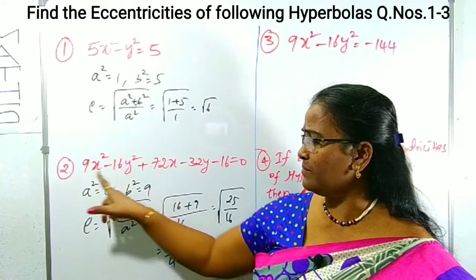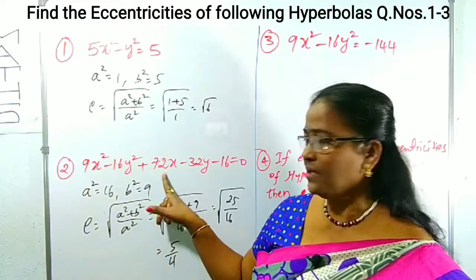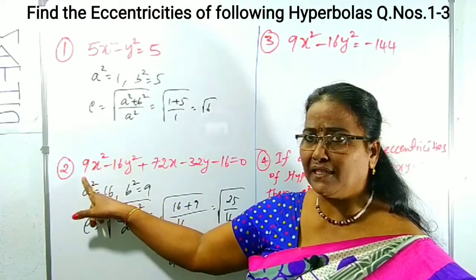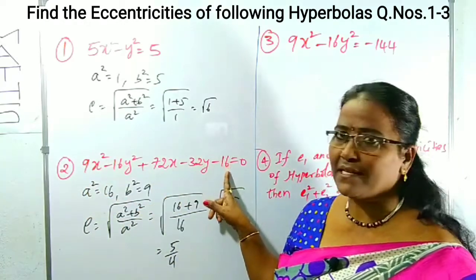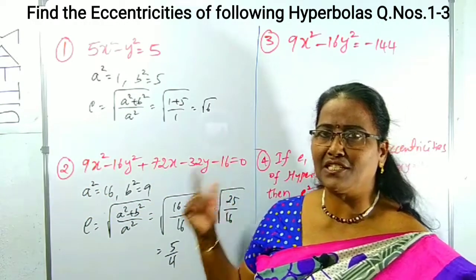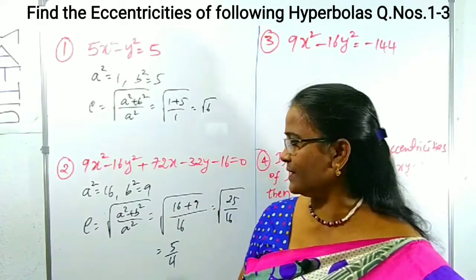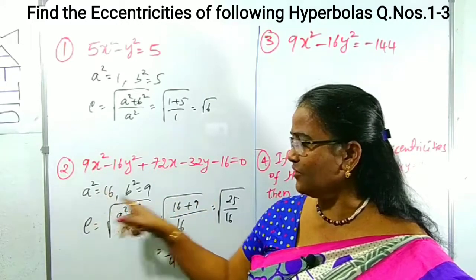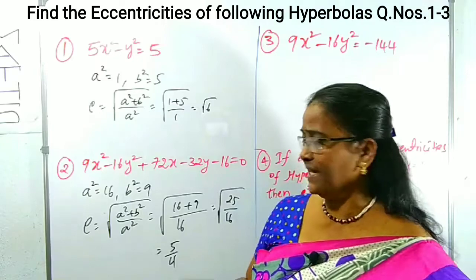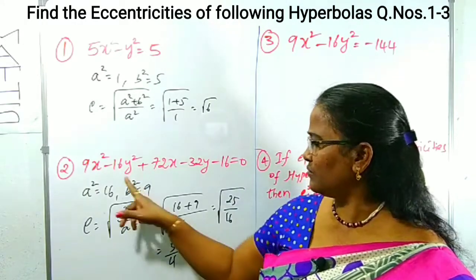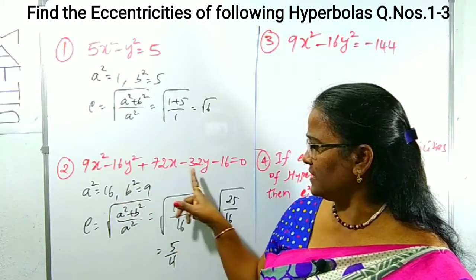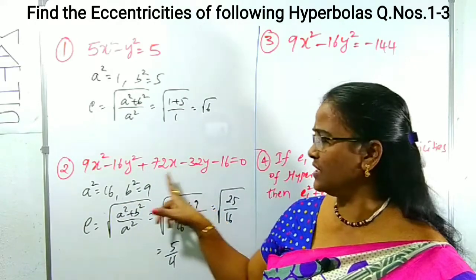The x quotient divided by the x square quotient, that is 72 by 9, is 8. 8 is also divisible by 16, meaning 16 is also divisible by 8. That care you also have to take. In such a case, you can directly take a square and b square by exchanging the x square, y square quotients. Similarly, our y square quotient is 16, and here the y quotient is 32.